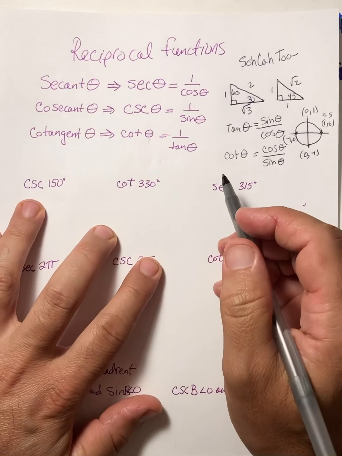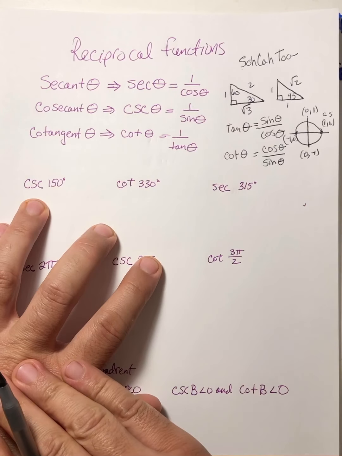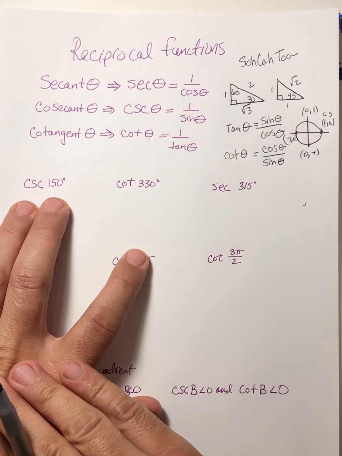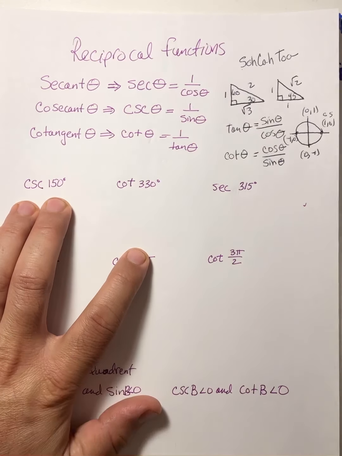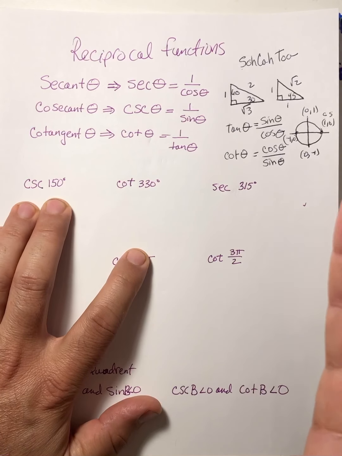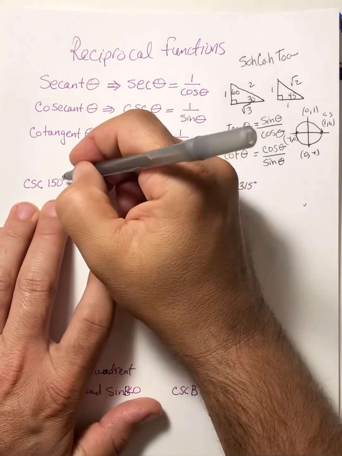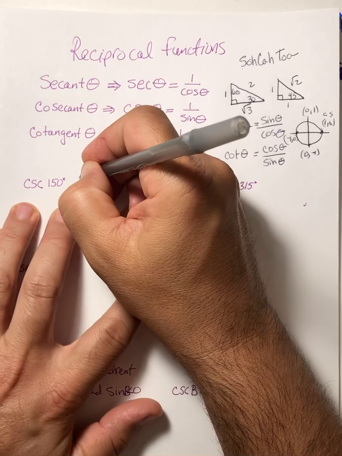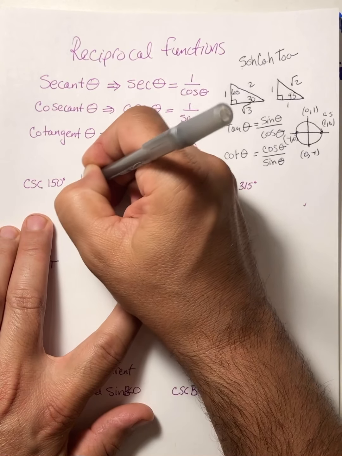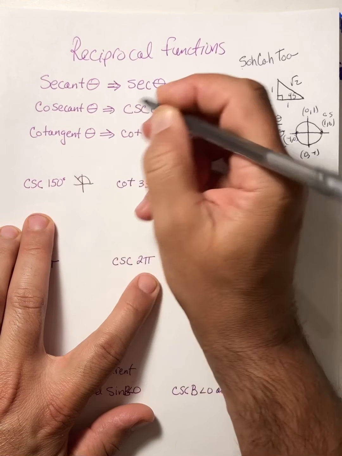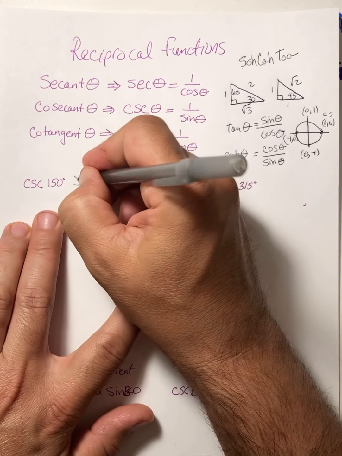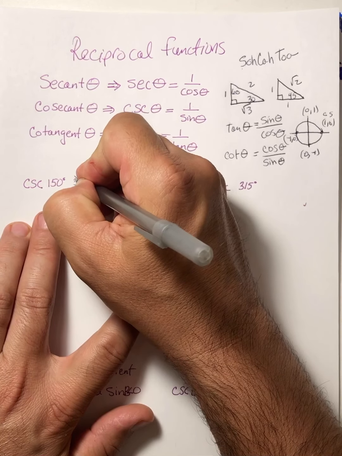All right, so how do I find the cosecant of 150 degrees? Well, we have to do all the work that we did in the last lesson when we found exact values. We need to know what the reference angle is. So we're going to draw the angle in standard position. 150 puts me here. We'll subtract from 180, and we get a 30-degree reference angle. So we're going to do all of our work for 30 degrees.